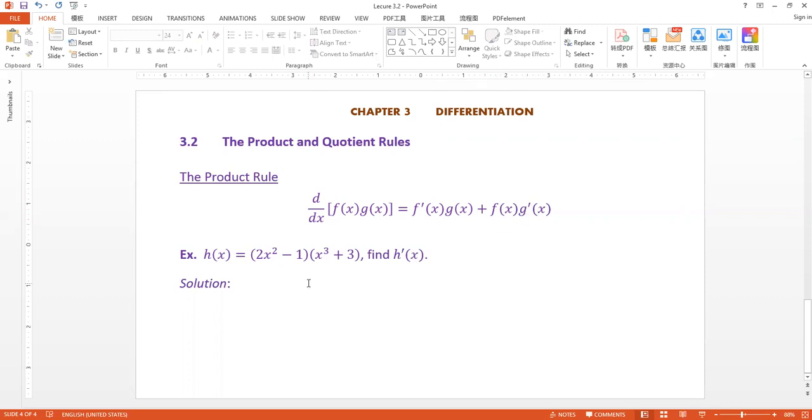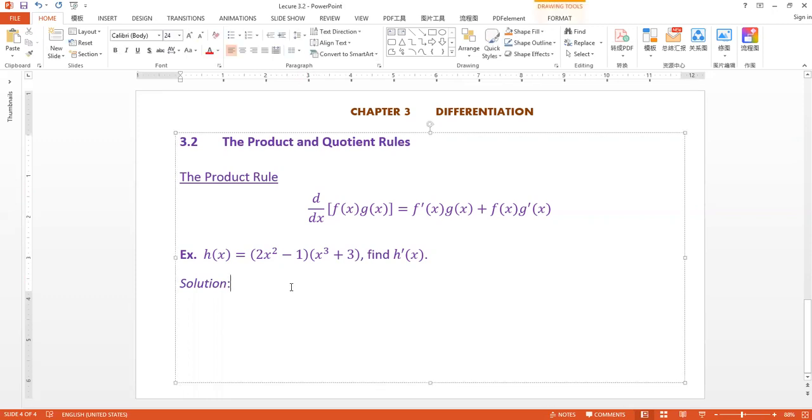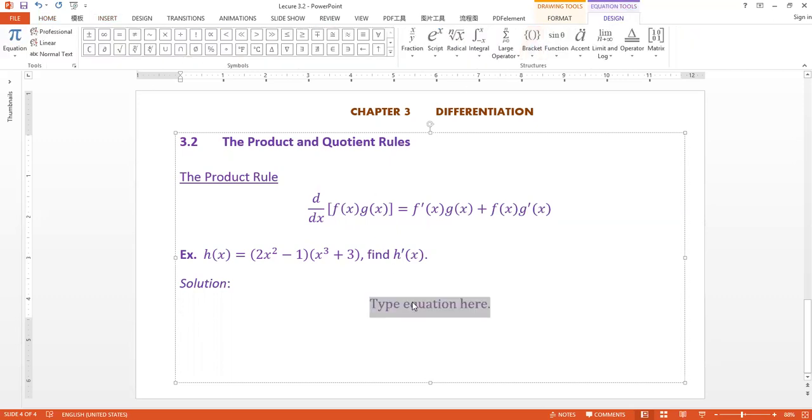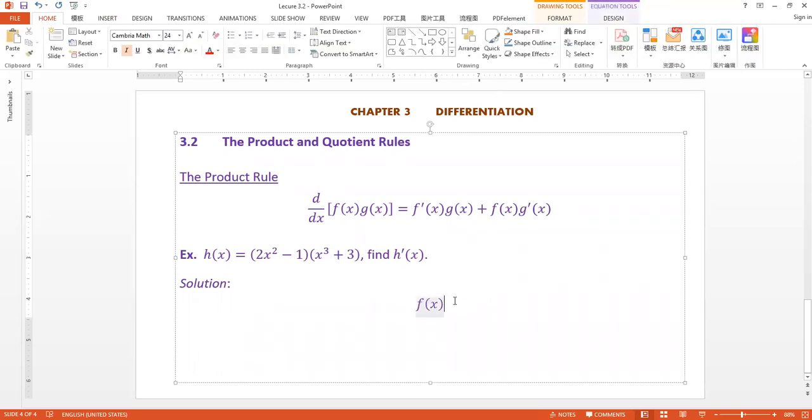Okay, so in this function h, we can define f as 2x minus 1 and g as x cubed plus 3. So if f of x is equal to 2x minus 1, so I'm going to let f equal 2x minus 1 and g equal x cubed plus 3.